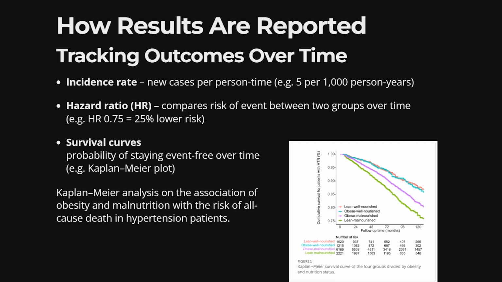And those lines are actually pretty close, which is interesting. Yeah. But if they're malnourished, you'd expect the survival curve to be much steeper, which it is. But if they're obese, there's kind of a protective effect of them being obese. Oh. You see how the green is the worst one, basically.